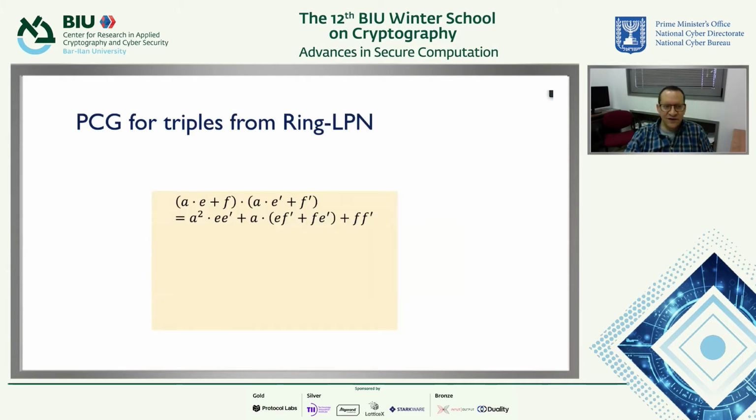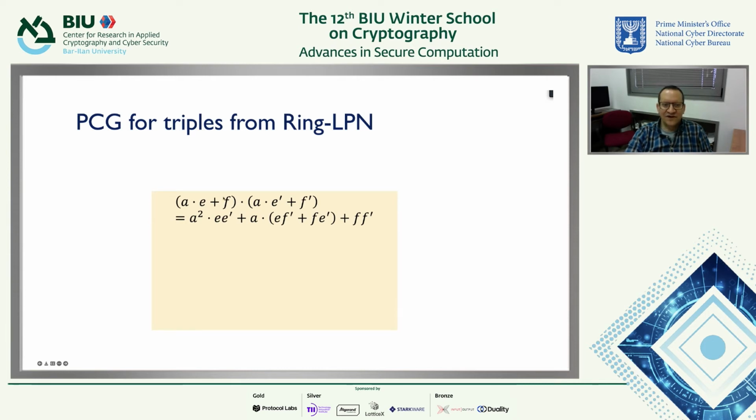Okay, so how do we generate a PCG for triples from ring LPN? Here the approach is very similar to the previous one. Recall that E and F are sparse and A is dense but public. So we can write this, which is really the vector of the a_i's: A public dense times E secret sparse plus F secret sparse.